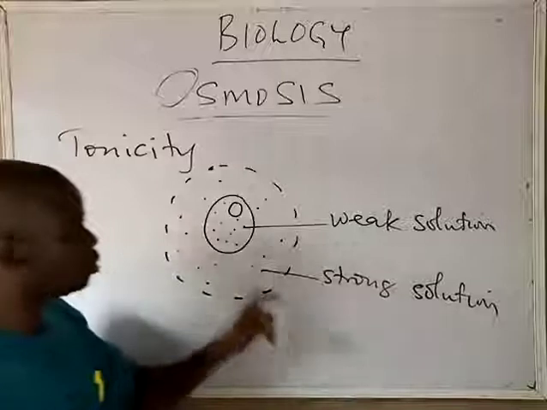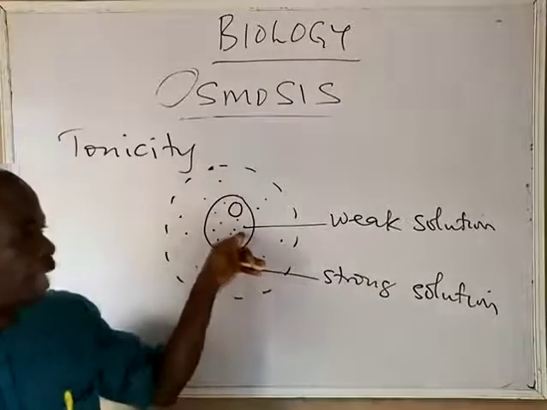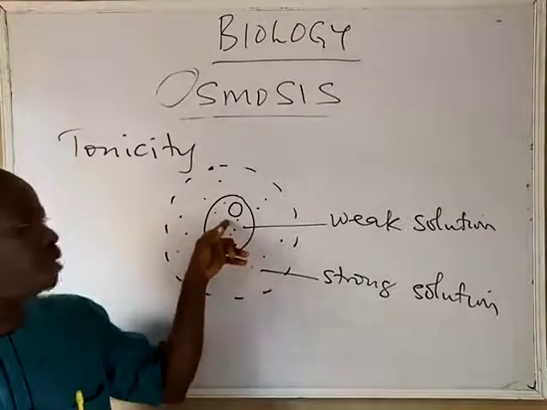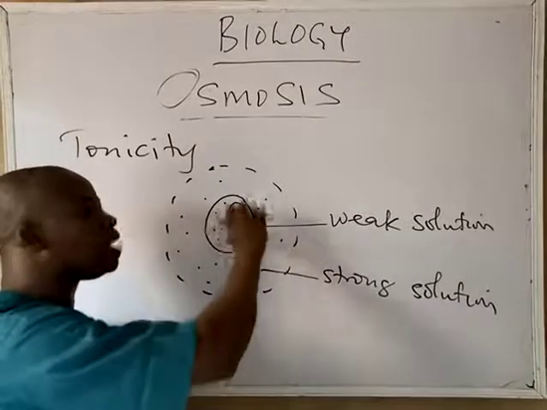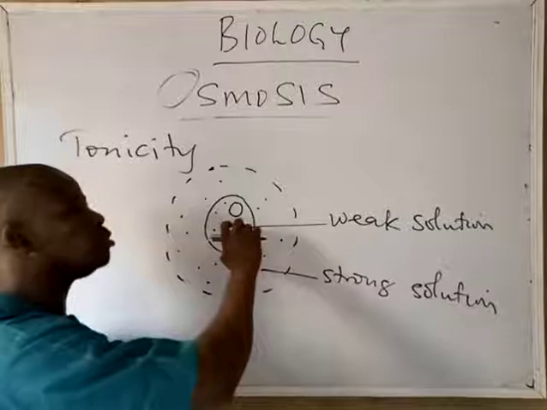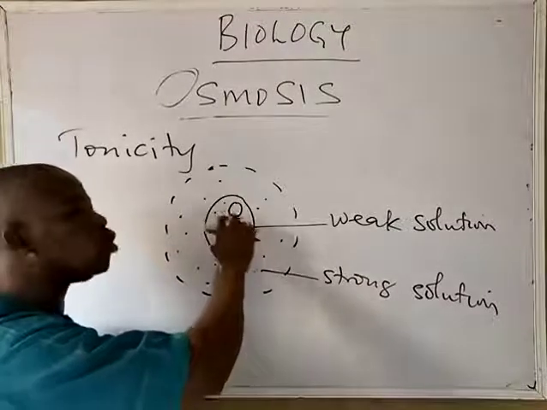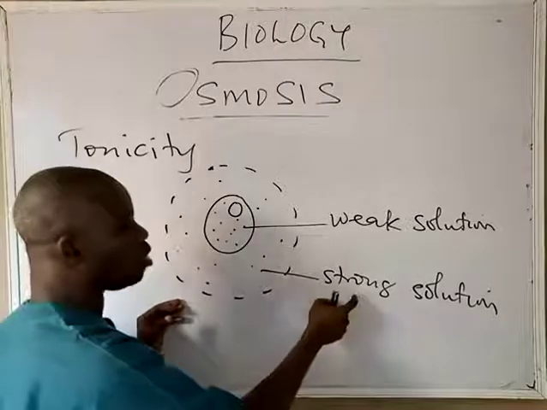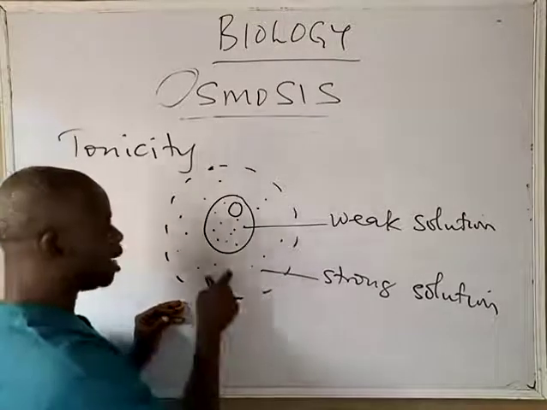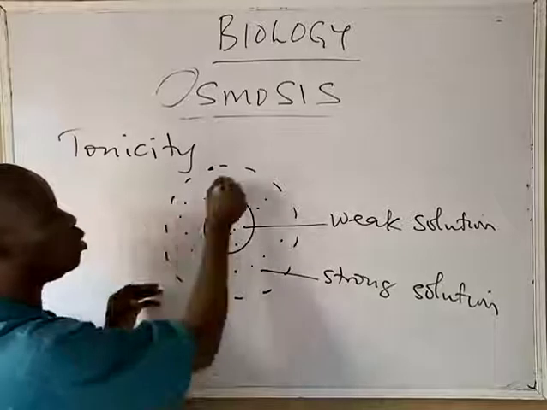The meaning of these two is that the weak solution inside of the cell means that the inside of the cell has more water molecules, okay, and there is less solute concentration inside than the outside. If the outside is a strong solution, it means that there are more solute molecules.